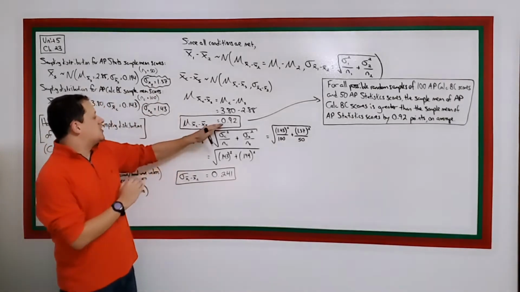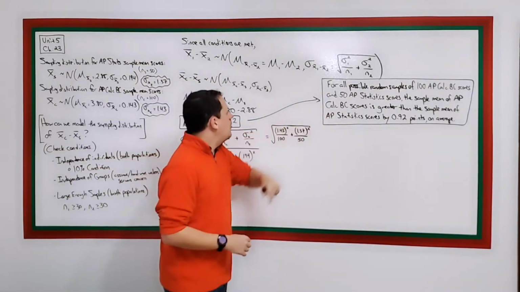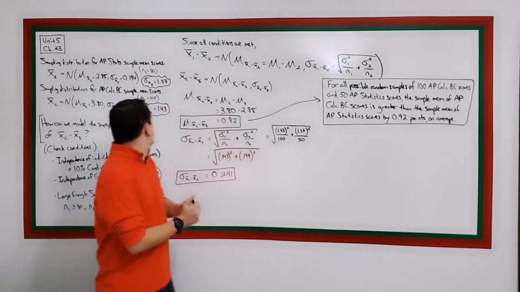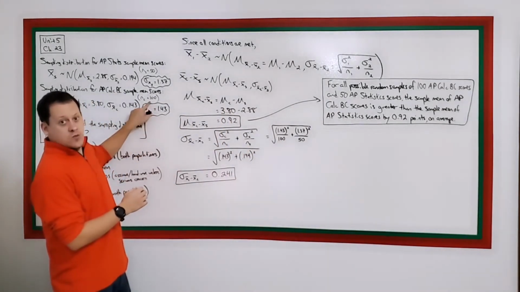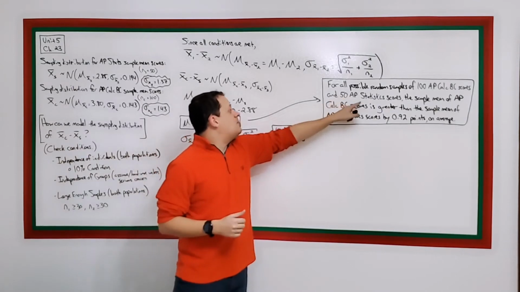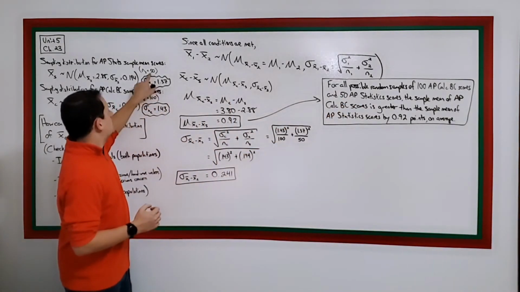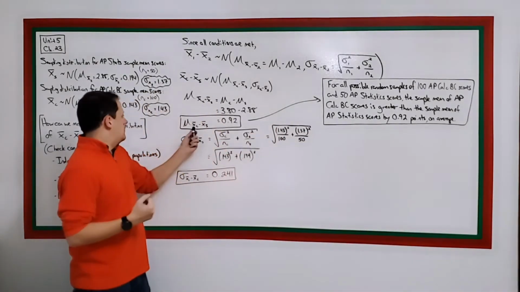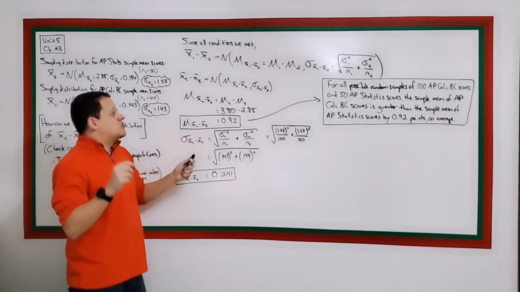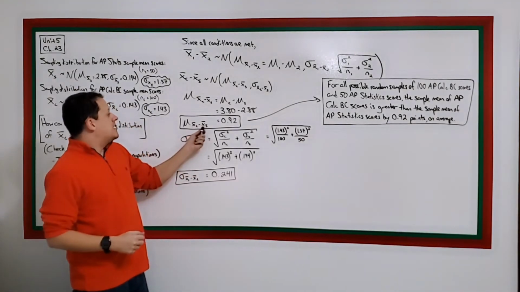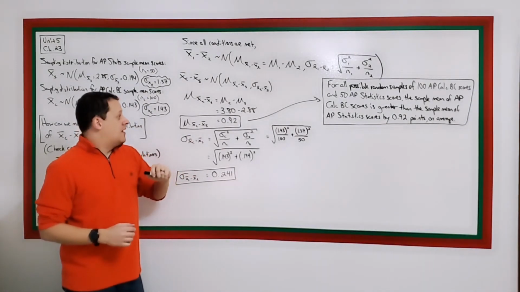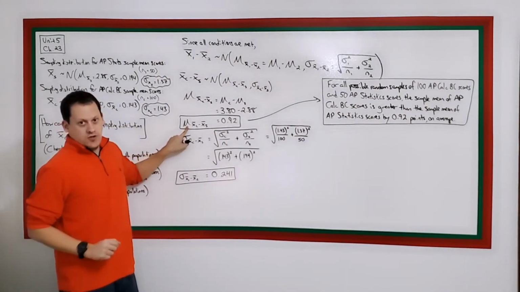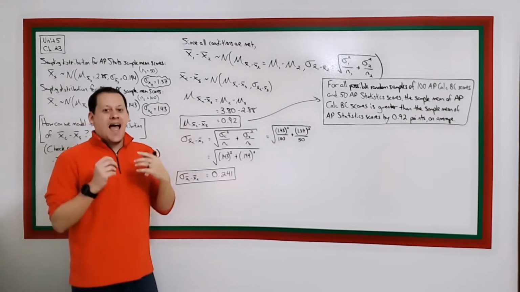But here's the interpretation of this value. For all possible random samples of 100 AP Calc BC scores, right, we took 100 Calc scores at a time, and 50 AP Statistics scores here, the sample mean of the calculus scores is greater than the sample mean of the AP Stats scores by 0.92 points on average.